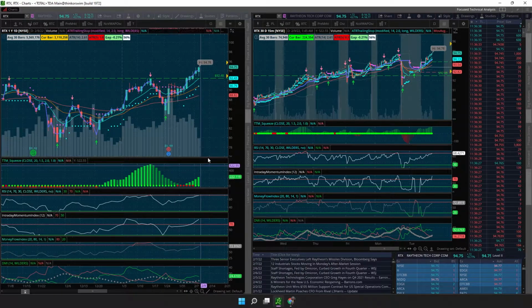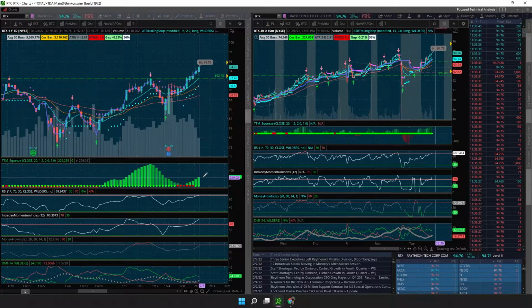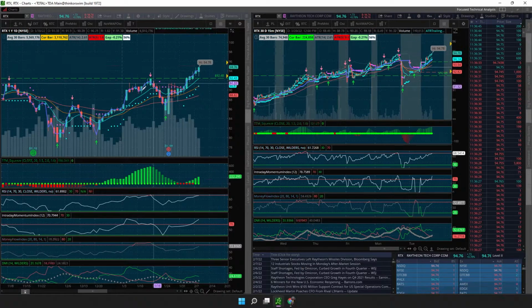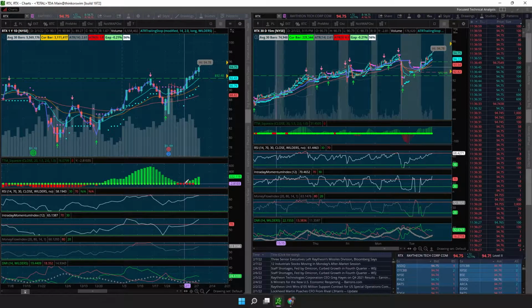And so the way that I look at the chart to begin with is obviously I want to get that macro view, right? Like what we're doing here. And when this flag had happened, you can see that the TTM squeeze happened. And we had that downtrend that does happen on TTM squeezes.